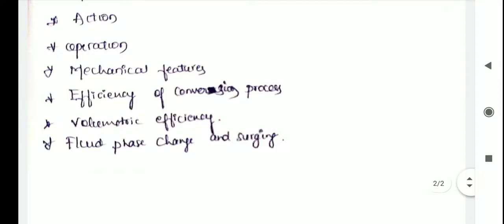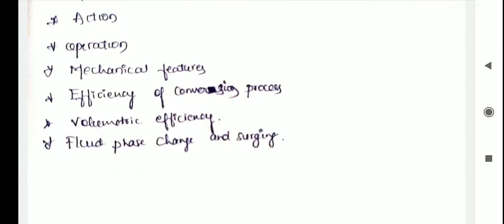It is a simple design in case of turbo machines, and a complicated design in positive displacement machines. In case of turbo machine, due to the rotary motion, vibration problems are less. In case of positive displacement machines, due to the reciprocating motion, vibration problems are more.